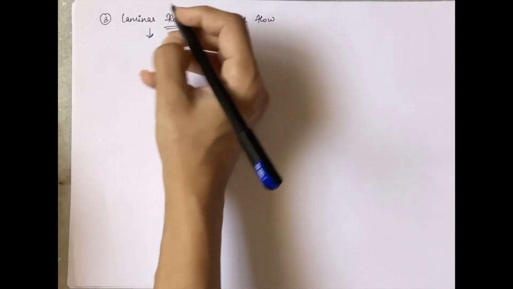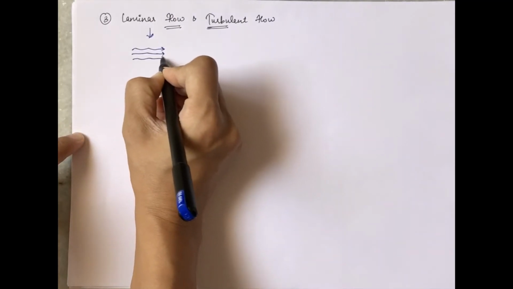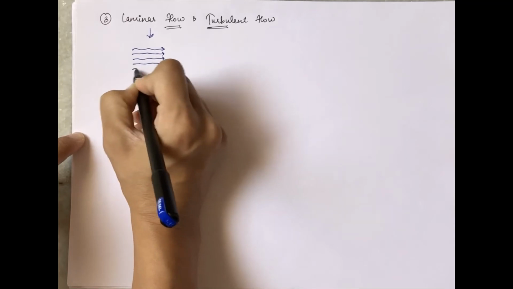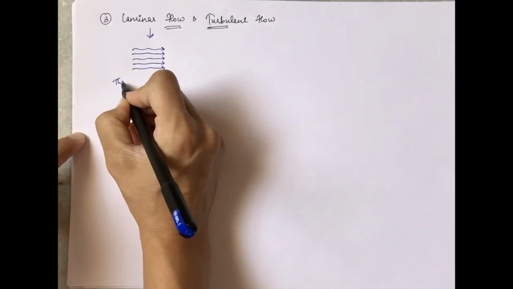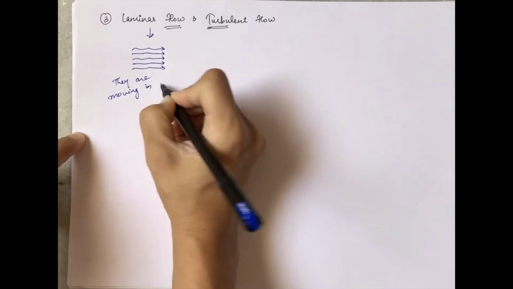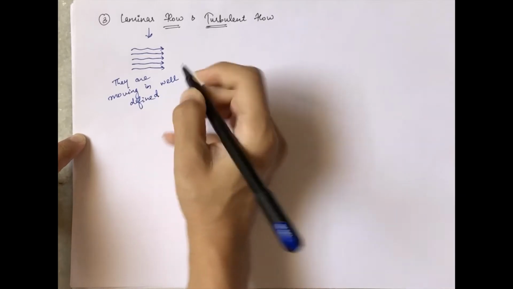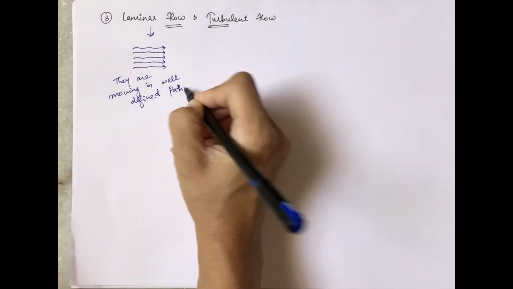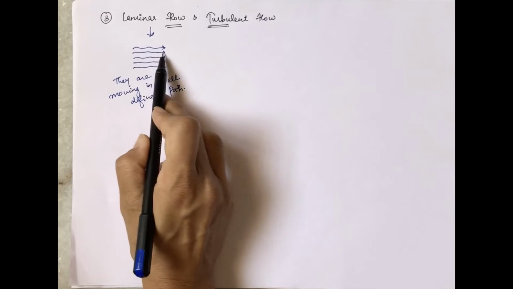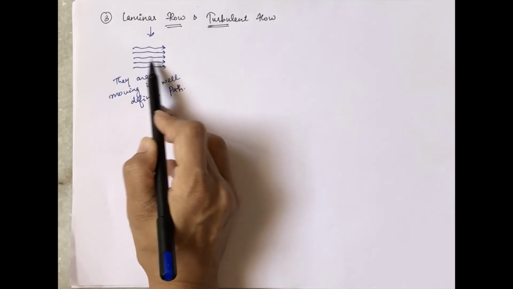So in case of laminar flow, the streamlines are parallel and straight to each other. They are moving in a well defined path. As you can see, these streamlines are mostly parallel to each other and they are moving in a well defined path.